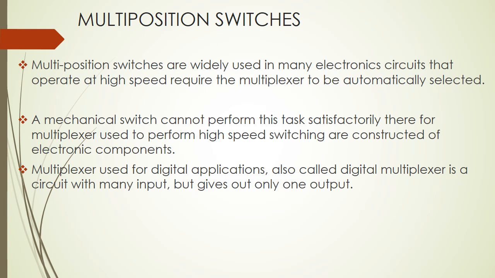So a multiplexer is used to perform high-speed switching and is constructed of electronic components, with the help of multi-position switches. A multiplexer used for digital applications is also called a digital multiplexer circuit. It has many inputs, but it can only provide one output.